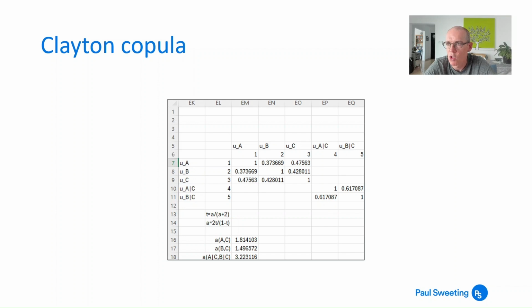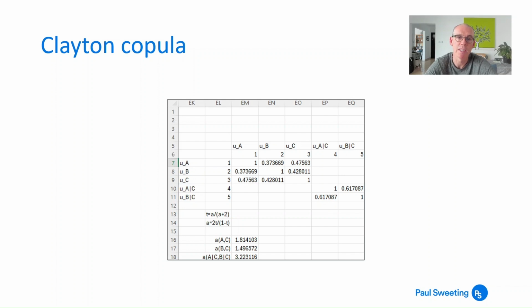So fitting a Clayton copula, if I'm using the method of moments, there's a handy relationship which I've written down here in EL13, which is that Kendall's tau is equal to the alpha for Clayton's copula divided by alpha plus 2. So you can rearrange that and say that the alpha for Clayton's copula is equal to 2 times Kendall's tau divided by 1 minus tau.